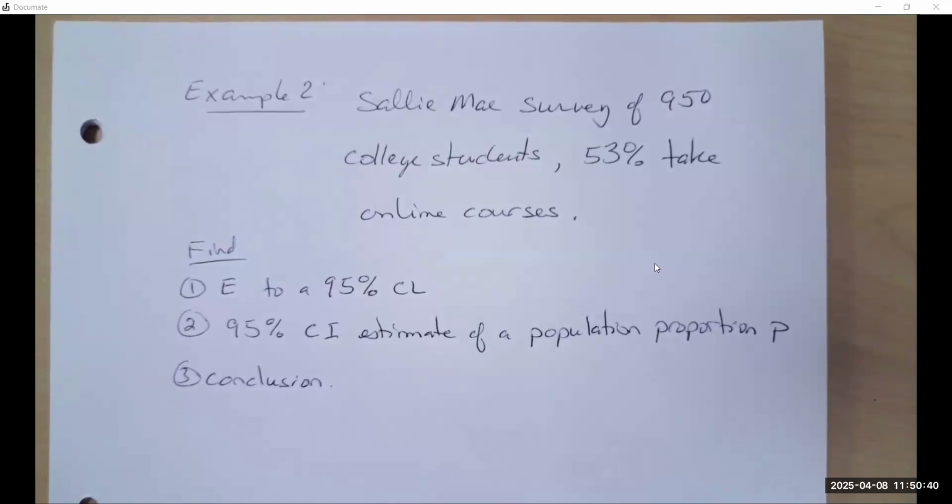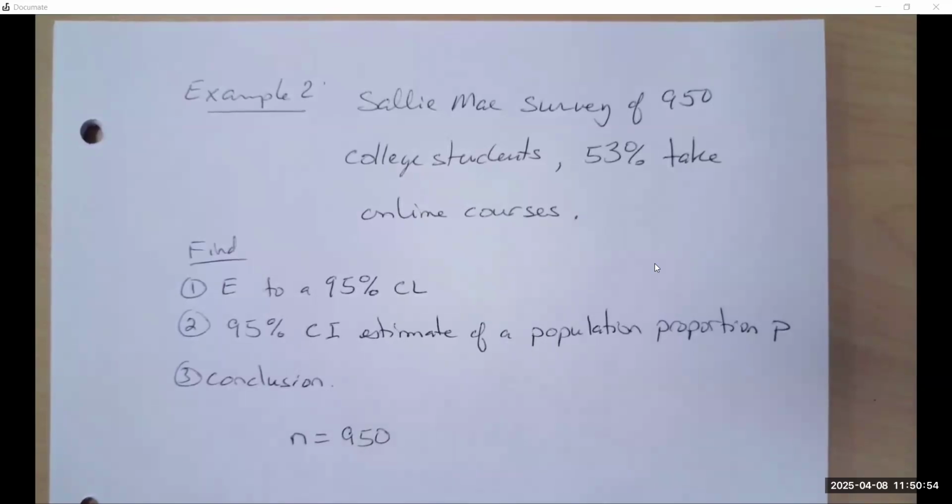So what do we know so far? What numbers do we have, what variables are defined? Do we have n? Do we have P hat?